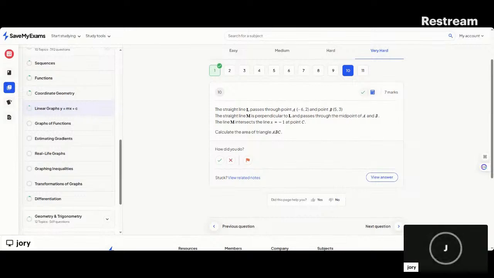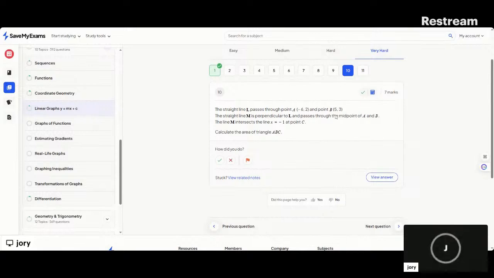And then it's telling you there's a perpendicular line passing through M. It also passes through this point called C, and this C has an x of negative 1, but it doesn't tell you what its y is.